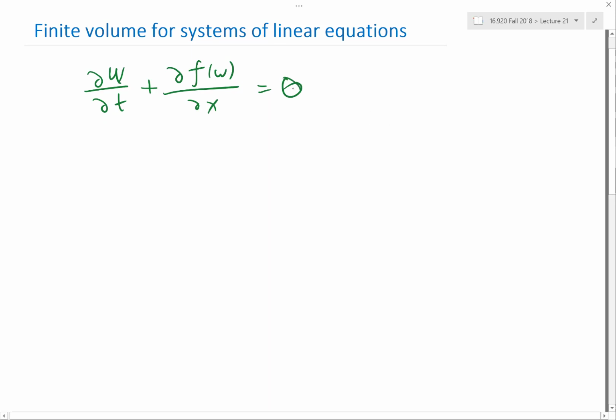Okay, and let's first consider the case where f(w) is equal to u times w. It's a linear equation.